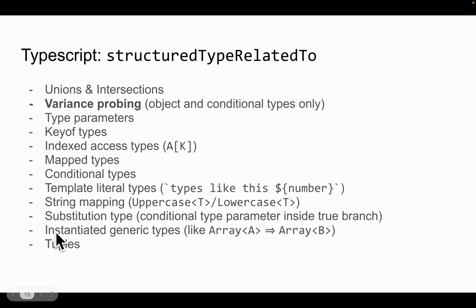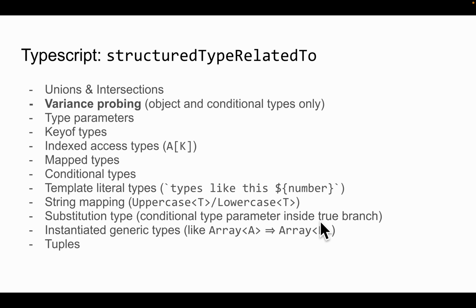There's a faster path for instantiated generic types. So if you have, say, something like Array of A being assignable to Array of B, if variance probing nailed down exactly how the type parameter of Array is treated with respect to variance, then you can say, well, we don't have to do all of the check here.